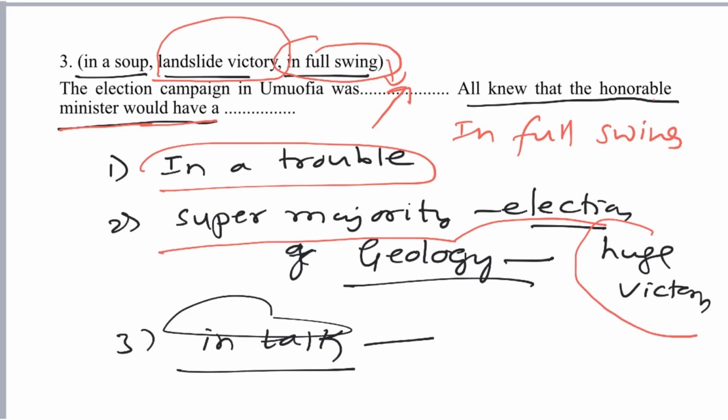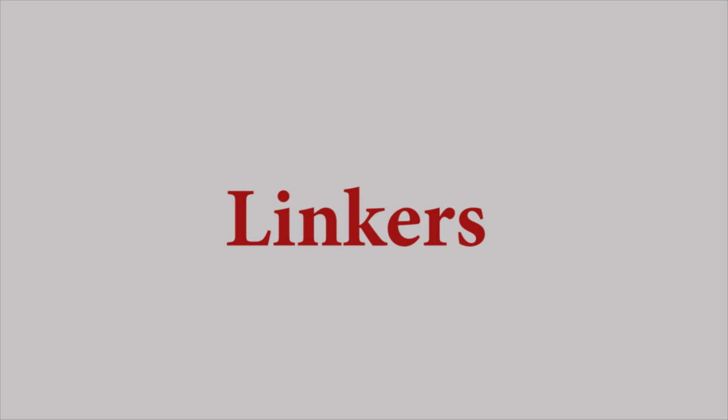He will get a huge victory in his elections. So, the election campaign in Umofia was in full swing. All knew that the honorable minister would have a landslide victory. This is how you have to clearly understand and fill in the right word.